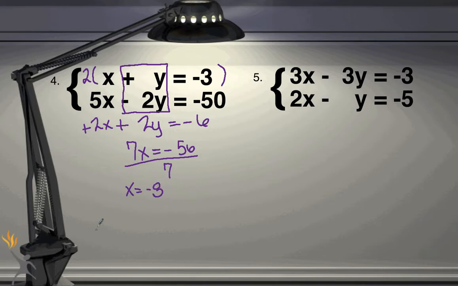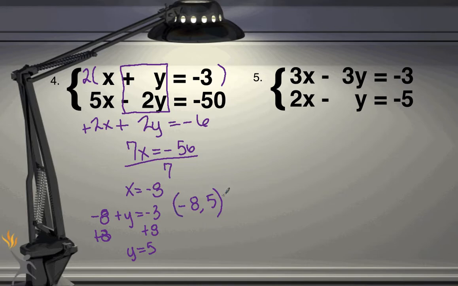Plug x into the first equation, negative 8 plus y equals negative 3. Add 8 to both sides, and y equals positive 5. So negative 8, positive 5 is the answer.